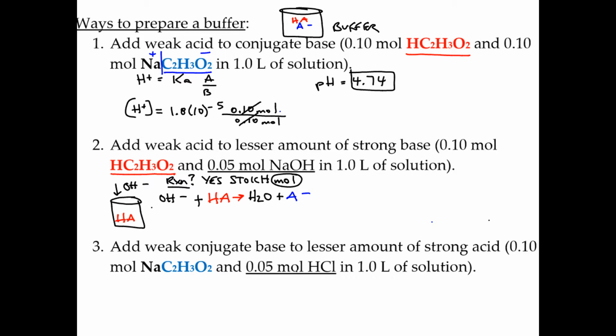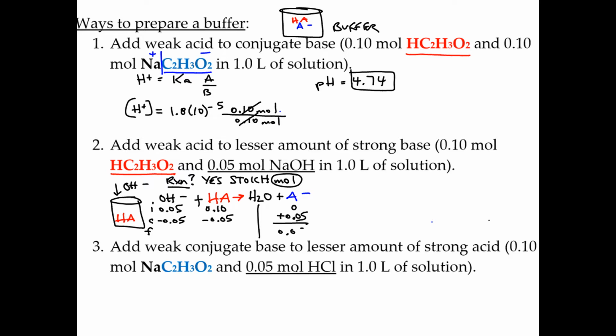So we'll fill in our numbers. ICF. The moles of the hydroxide are 0.05. The moles of the HA were 0.1 to start with, and 0, of course, of this, and this doesn't matter. So this is going to run out, minus 0.05 and plus 0.05.